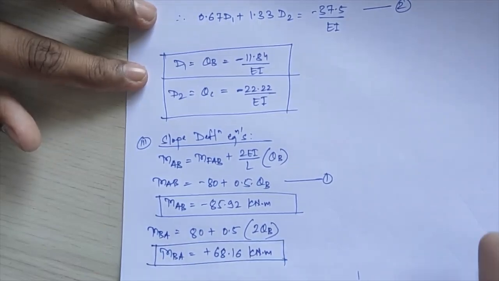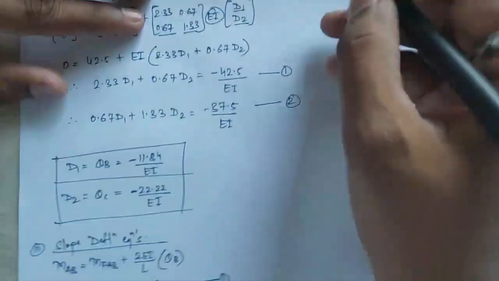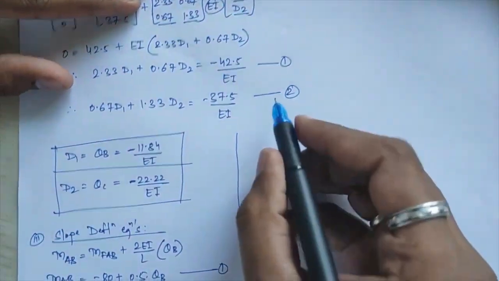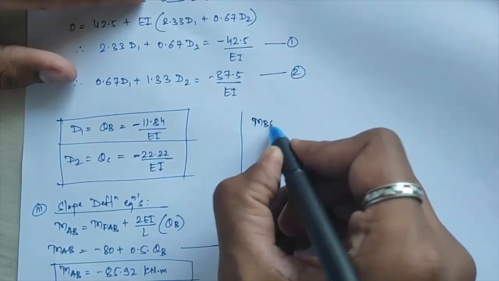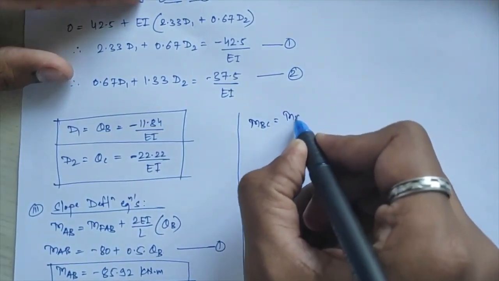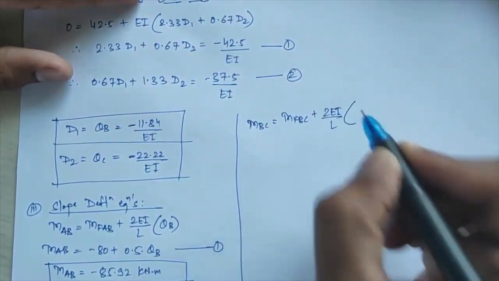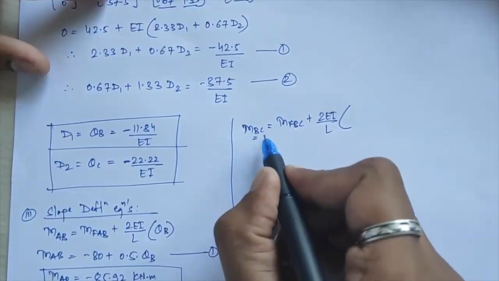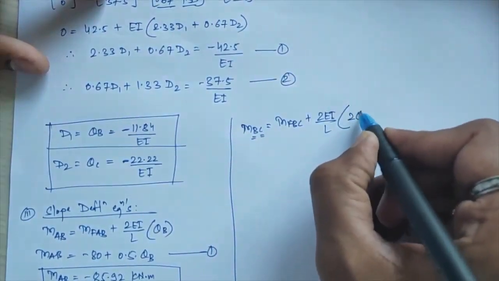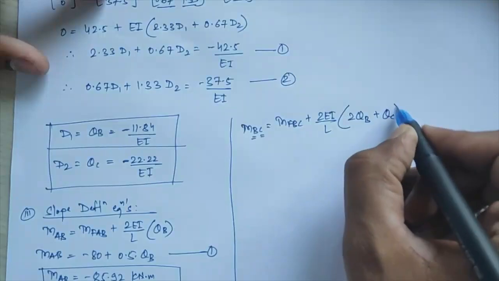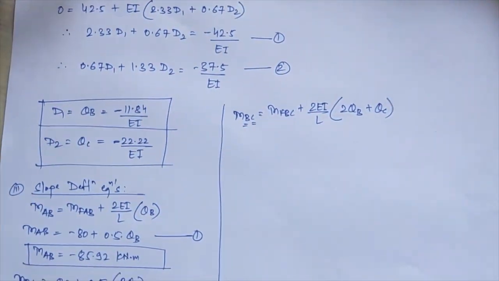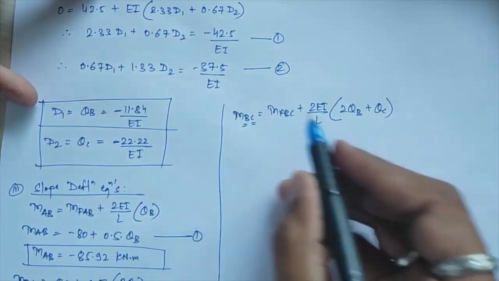Okay. Next, I'll see my next value, that is MBC. MBC is again MFBC plus 2EI upon L into bracket near end rotation. Near end is B, far end is C, so this will become 2 times theta B plus theta C. Delta values for all will be 0 because there is no sinking support condition provided, right?